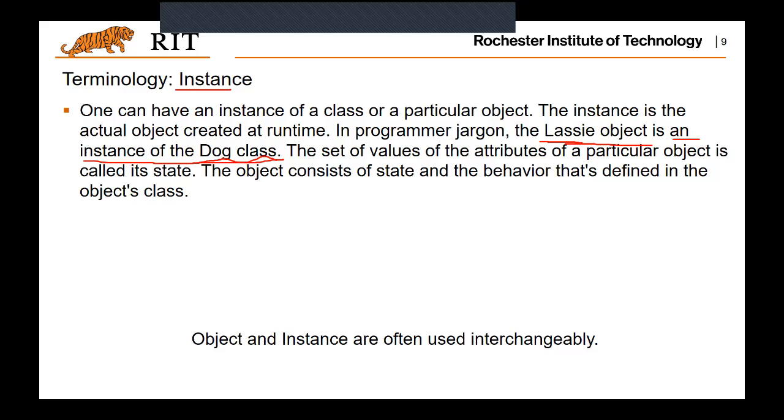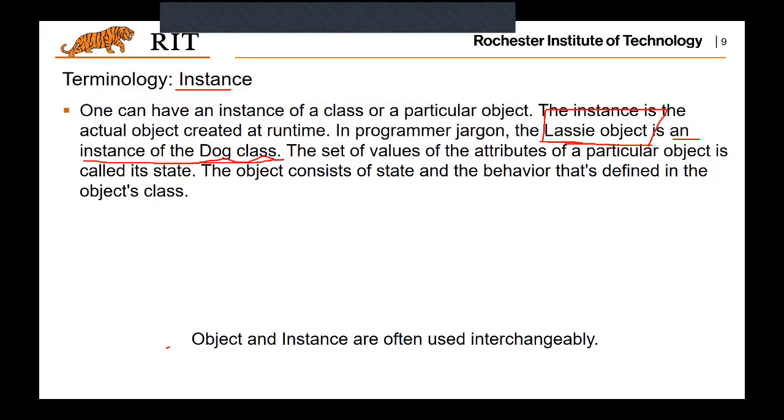Again, this specific object is an instance of an abstract dog class. So that's the relationship between an object or instance versus the class.